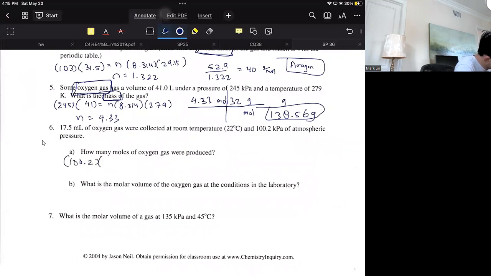V is 17.5. No, actually not. The units for volume is actually liters, not milliliters. And so in order to convert 17.5 milliliters, you just move it 3 decimal places, 0.0175.